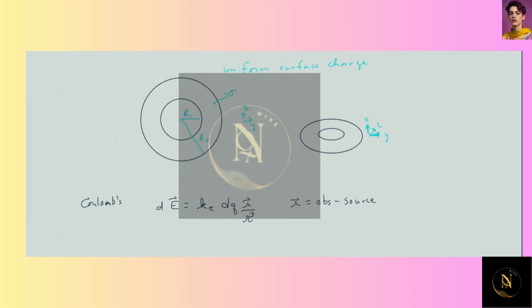Okay, so there's an origin somewhere. And of course, we're going to call the center of our washer the origin. So that's the O. Just to point out here, k_e is 1 over 4 pi epsilon naught, UPES, as we like to call it where I'm from.